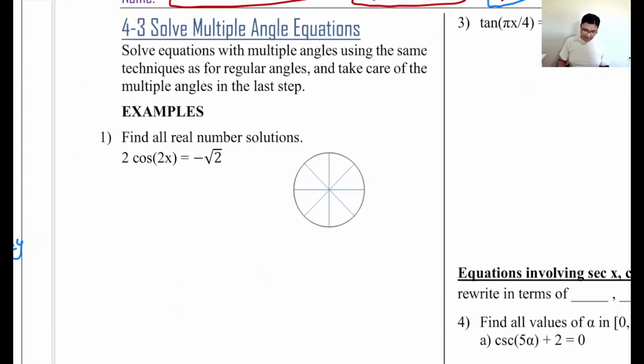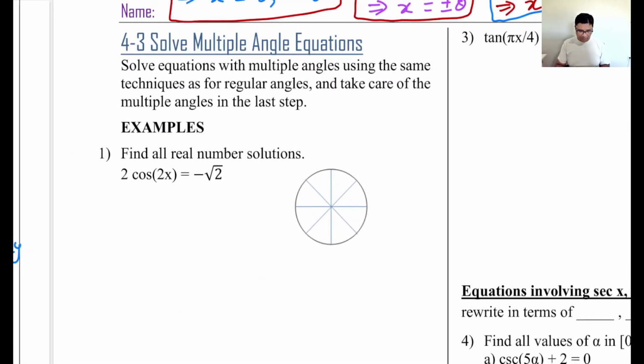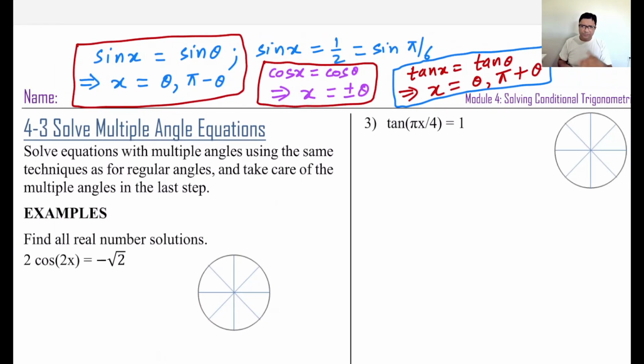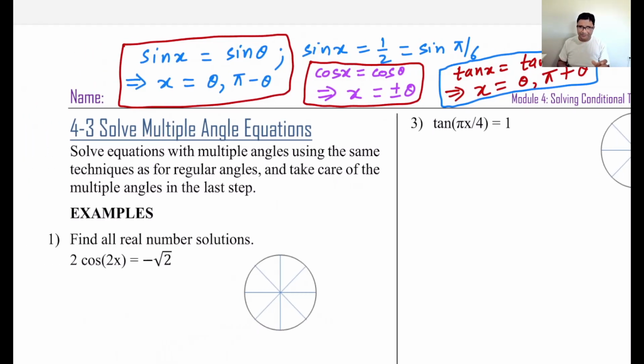So when we say here in the first paragraph of this lesson, solve equations with multiple angles using the same techniques as for regular angles, we would be using this. These three are going to be almost towards the end, one of the last steps in that solution.